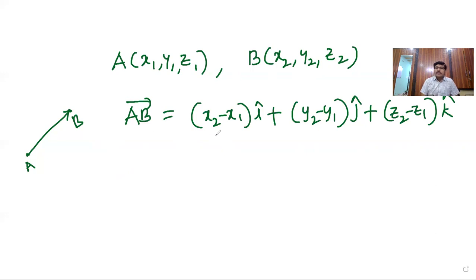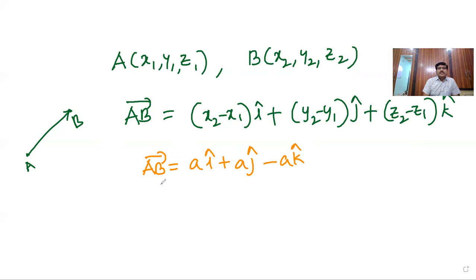The same we have done in the previous case. Clear? In place of A, (0, 0, 0). In place of B, (A, A, minus A). So the AB bar vector found in the above case is A i cap plus A j cap minus A k cap.